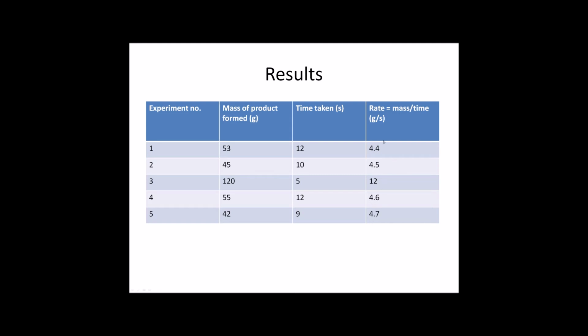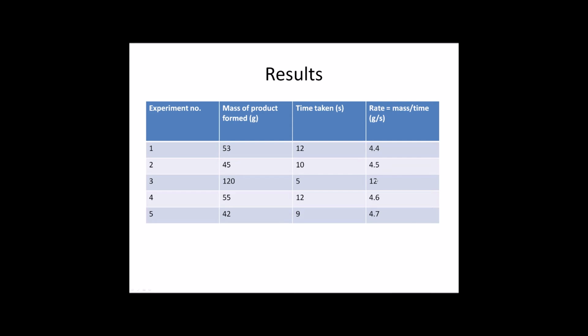Now you may be asked to work out an average rate from all of these experiments. And you can see here there's an anomalous result in this set of results. Can you spot the anomalous result, the one that doesn't fit the pattern? Yep, it's the 12. So we've got 4.4, 4.5, 4.6, 4.7. They're all really close together. 12 is very different.